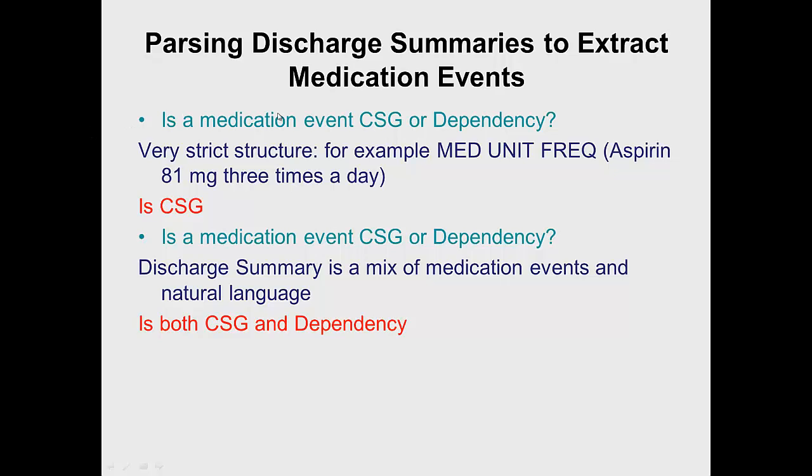Is it a CFG grammar or is it dependency grammar? Well, the answer is very simple. You look at the structure of a medication event and you see that it has a very strict structure. For example, aspirin 81 milligrams 3 times a day, prescription. It has a medication, followed by the unit, 81 milligrams, followed by the frequency of intake, 3 times a day.